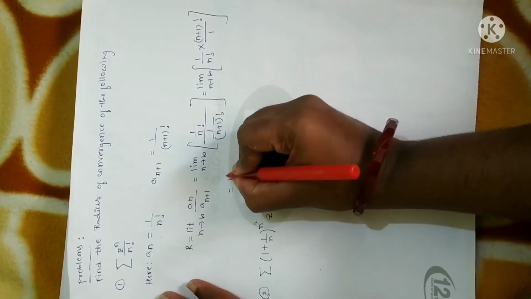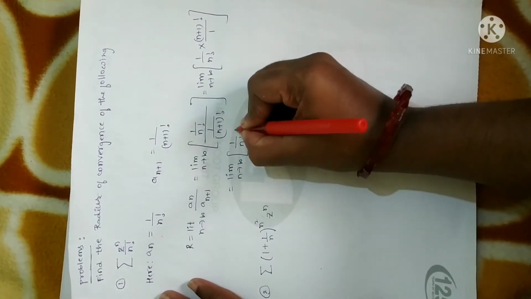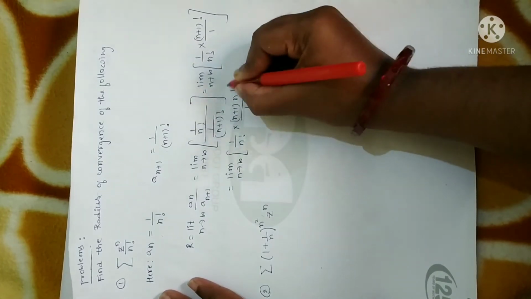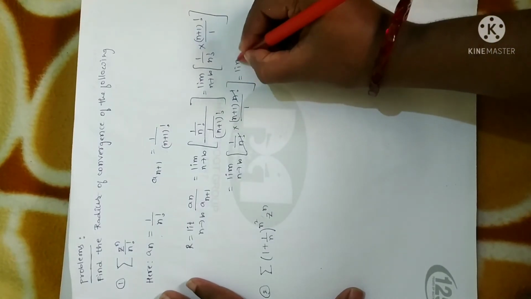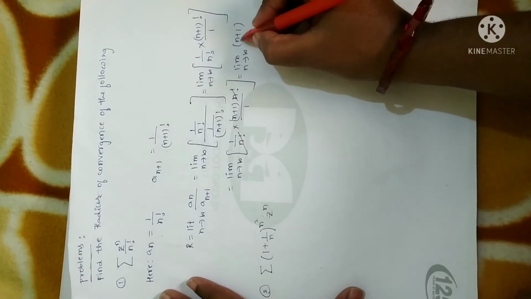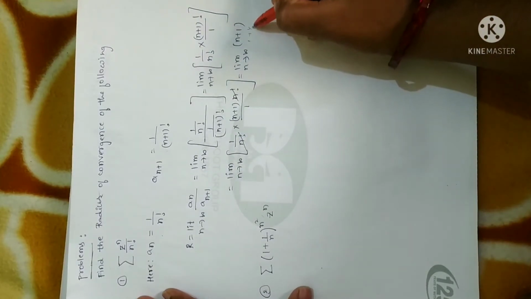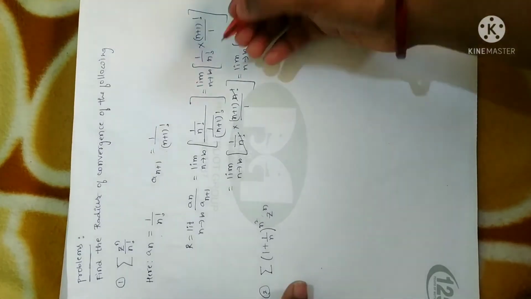So I can write this as limit n tending to infinity of 1 divided by n factorial into n plus 1 into n factorial divided by 1. Now n factorial gets cancelled. What you are left with is limit n tending to infinity of n plus 1. Now let me take n as a common term. If you take n as a common term, you will get 1 plus 1 by n. Right? So again, you can apply the limit, or else you can apply it directly.